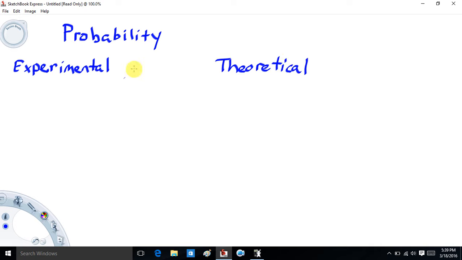and first off, before we go into that, let's talk about the definition of probability. Probability measures how likely an event is to occur. So we can just say it's likelihood.